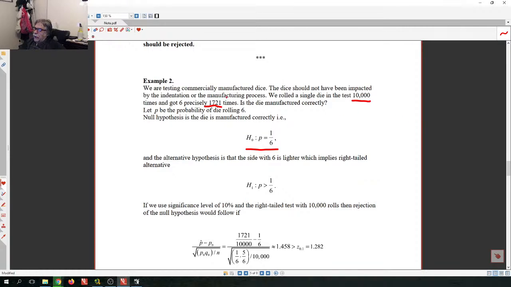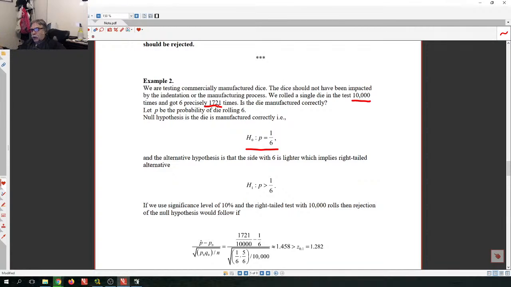What we have here is that in these 10,000 rolls we get 1721 times 6. Okay, that's 17.2%, which is more than 16.666%. So it seems to me that this 6 is showing up more often on the top. If I'm testing this die, now I have a suspect.